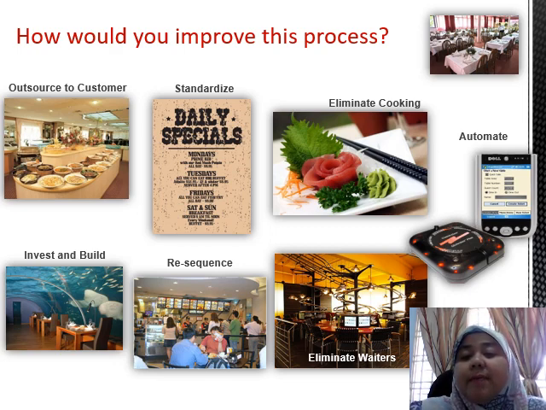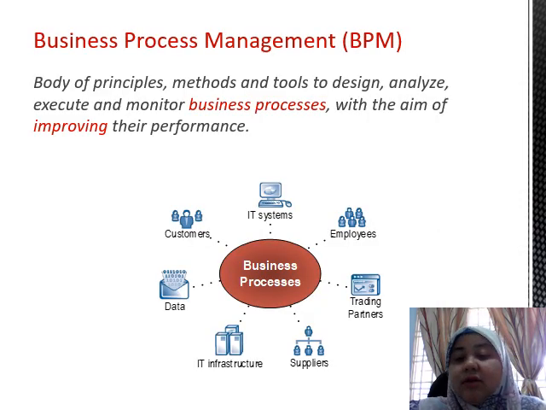And then probably eliminate cooking, because cooking takes long. Or maybe you start automating, and then probably self-service, eliminating waiters and so on and so forth. Then when the movement control order happened, a lot of people offered many delivery processes. So how is your company going to keep up with that demand? This is all the improvement that they need to do.